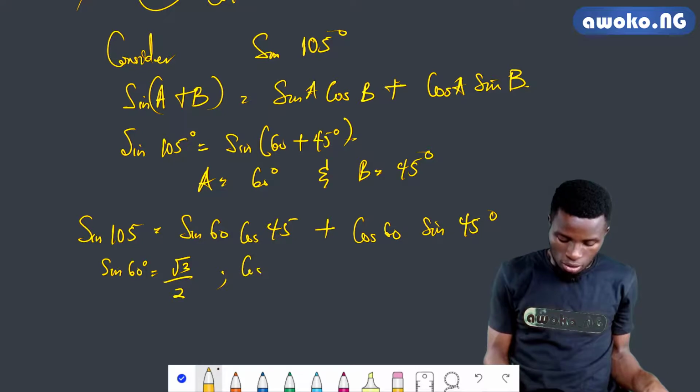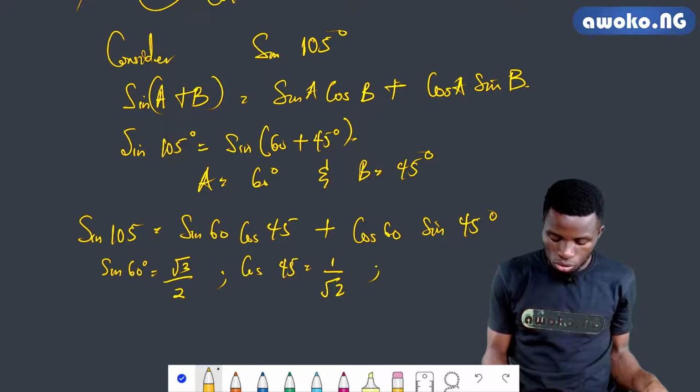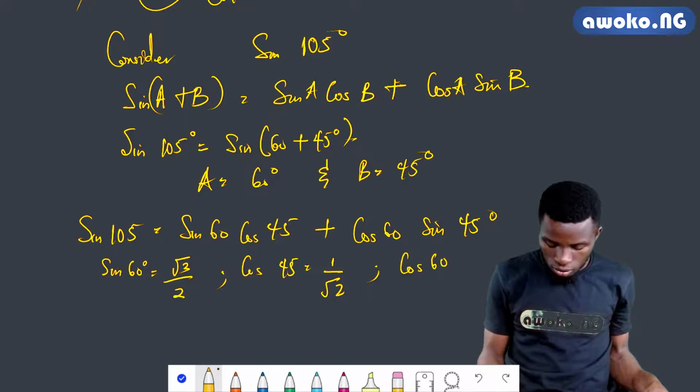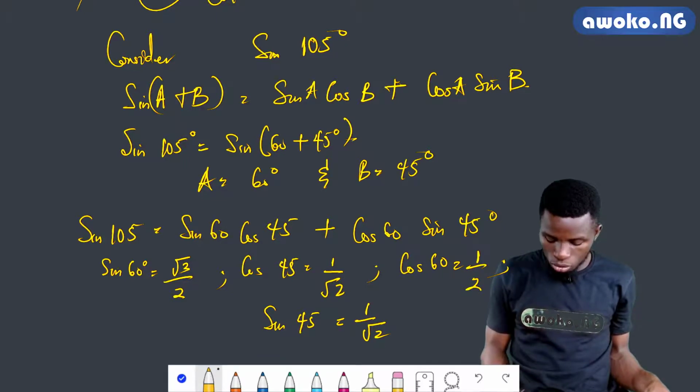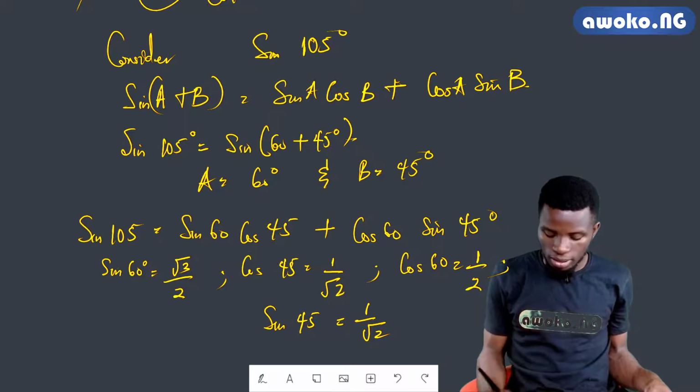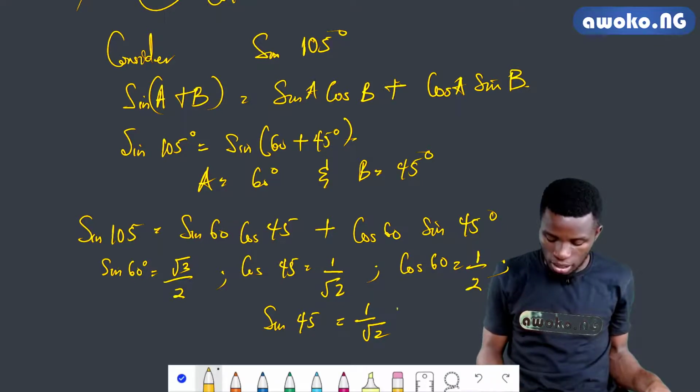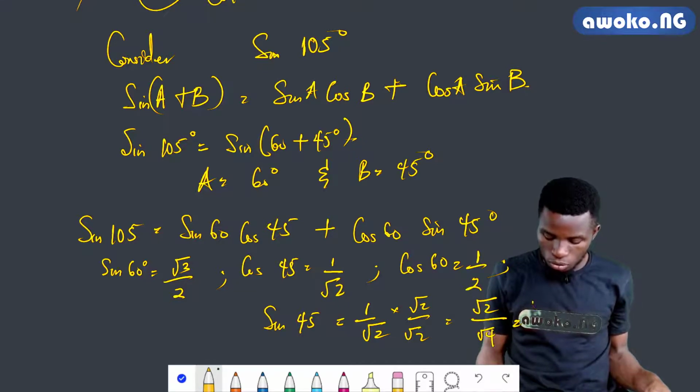We know that cos 45 equals 1 over root 2. We know that cos 60 equals 1 over 2. And sine 45 equals 1 over root 2, or root 2 over 2 rather, because if you rationalize this, we have times root 2 over root 2. So this is root 2 over root 4, which is also equal to root 2 over 2.